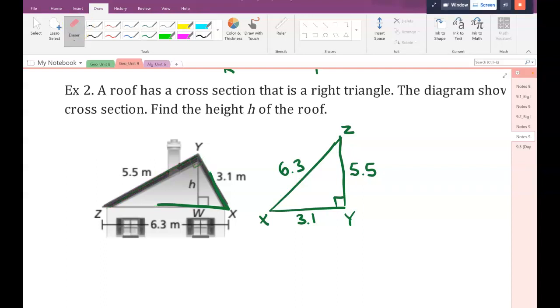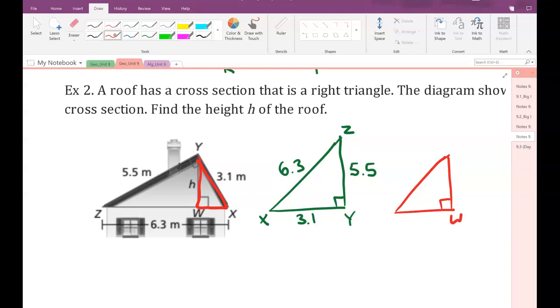Another similar triangle that we can use, if we're trying to find what h is, so for h, I'm going to use my smallest similar triangle here. If I flip the orientation again, just so it's matching up, this right angle is w.